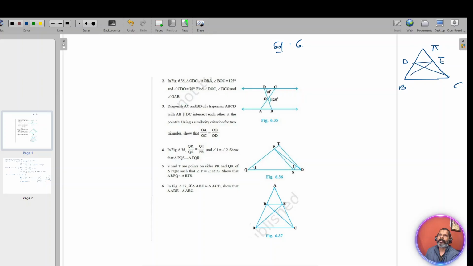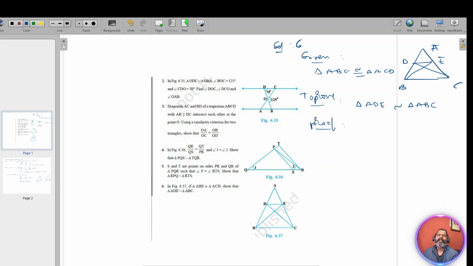Join the bottom DC and EB. Given, what is given? Triangle ABE congruent to ACD. We write that ACD. To prove triangle ADE similar to triangle ABC.